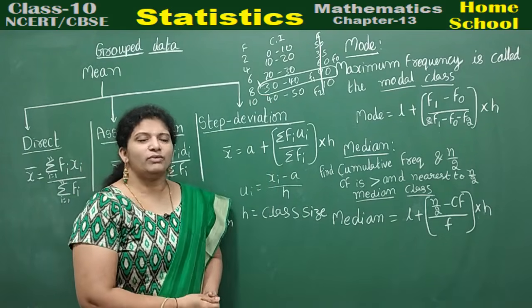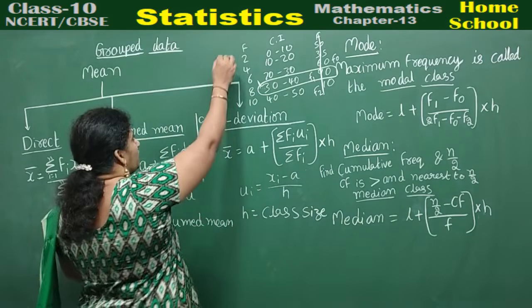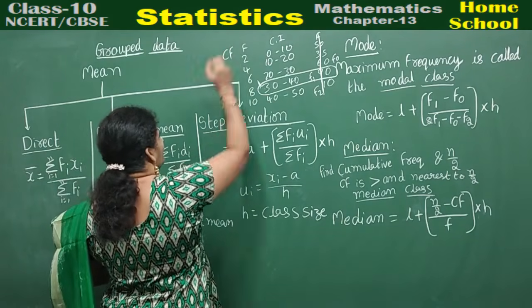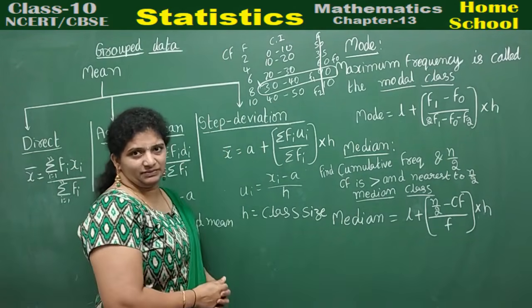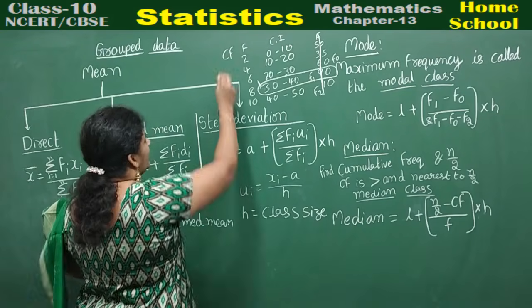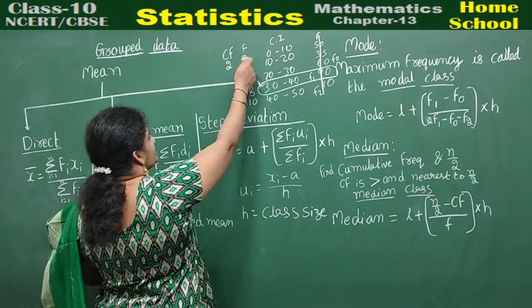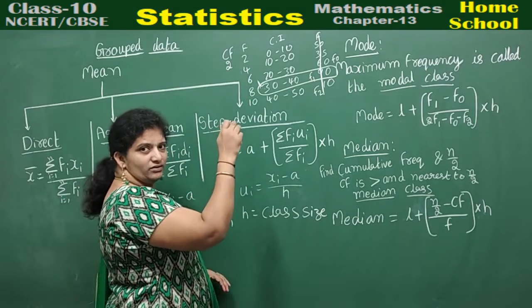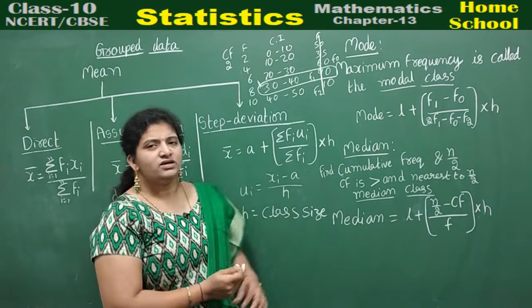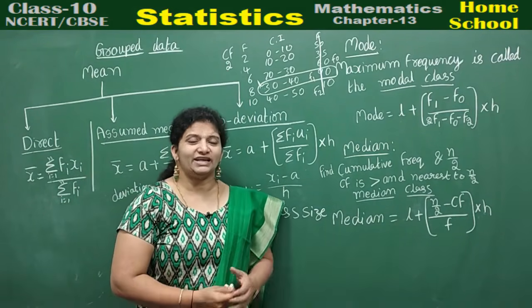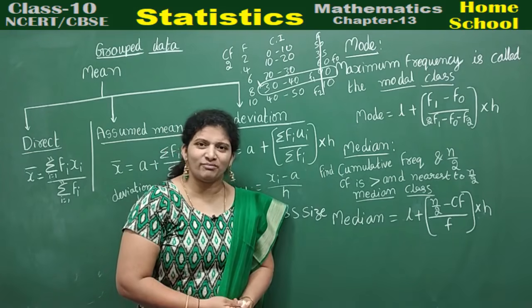Now, what is cumulative frequency? Let me mark one more column here, cumulative frequency. Okay, now 2, next, add the next number. It is like a game we used to play, naming fruits in continuous order, do you remember?